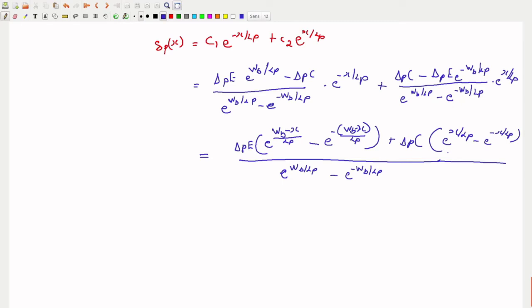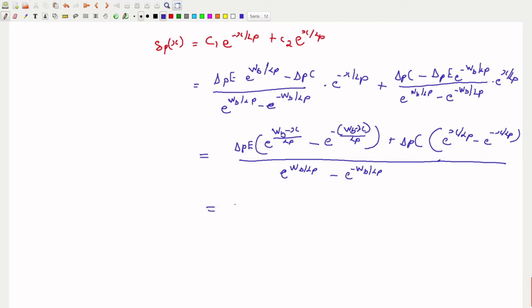So this is the simplified version of the above equation. And by the mathematical knowledge that we have, we can write e raised to x minus e raised to minus x, this term as sinh of x.